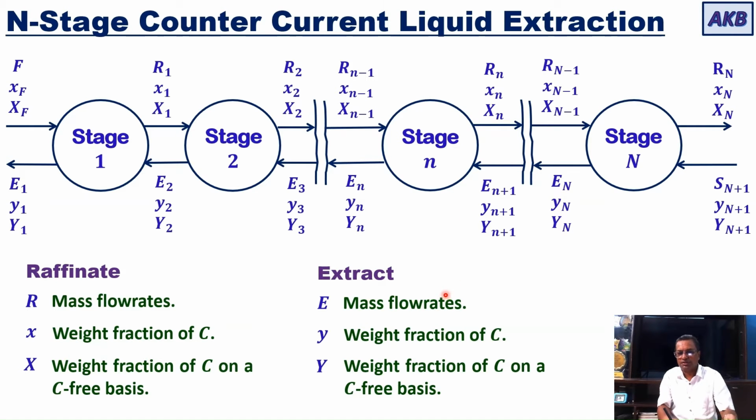So these are the notations that we are using in our discussion. Please remember all A that enters the operation will remain in the raffinate phase, whereas all B which enters into the operation along with the solvent will remain in the extract phases.